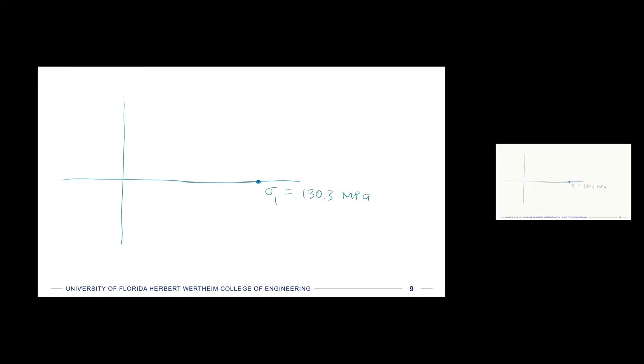We do not have our second principal stress or anything at 0, so we're not doing anything at 0 this time. But we do have our second principal stress here. So sigma 2 equals minus 53.6. And then our sigma 3, I need to draw that out here, is equal to minus 76.7. Okay. And those are all in megapascals.